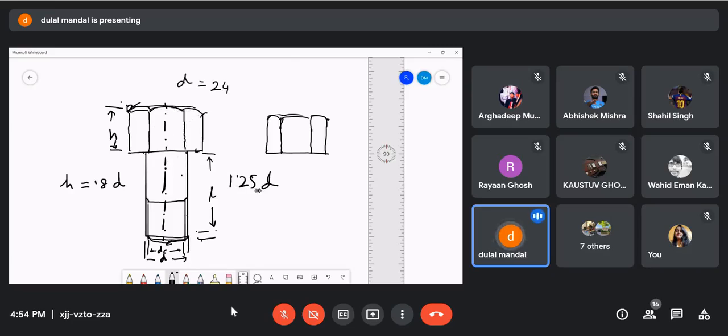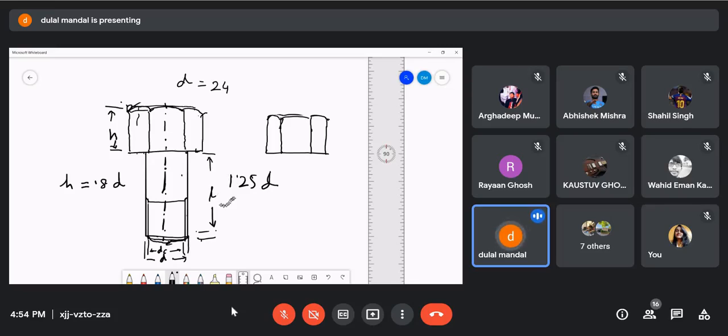Now take 1.25D and make a small arc on it, this one. Similarly to this, you'll draw this. You consult any book, you will find how to draw this.